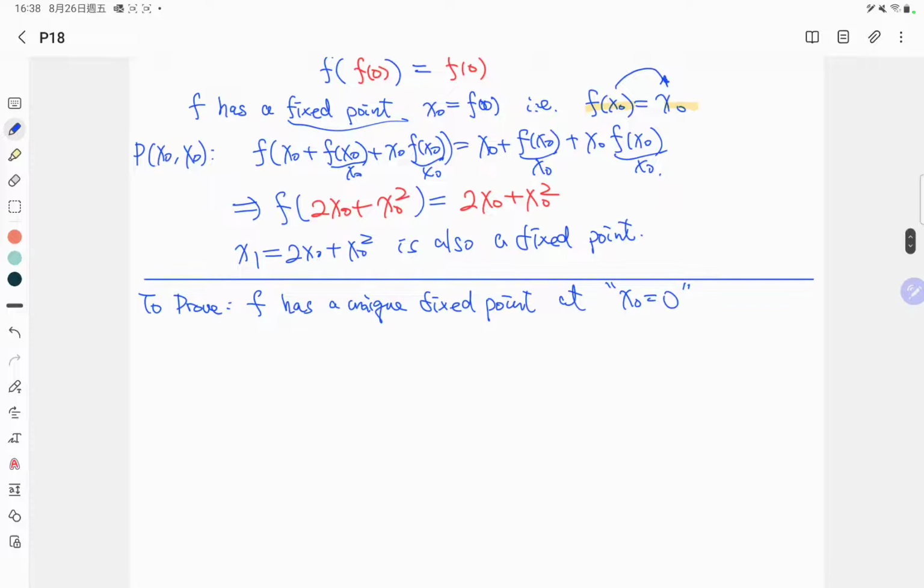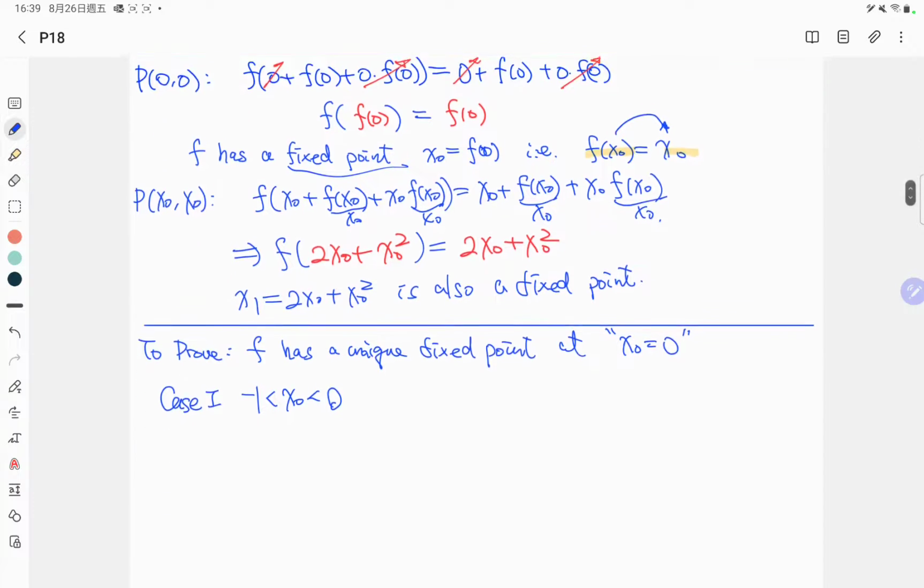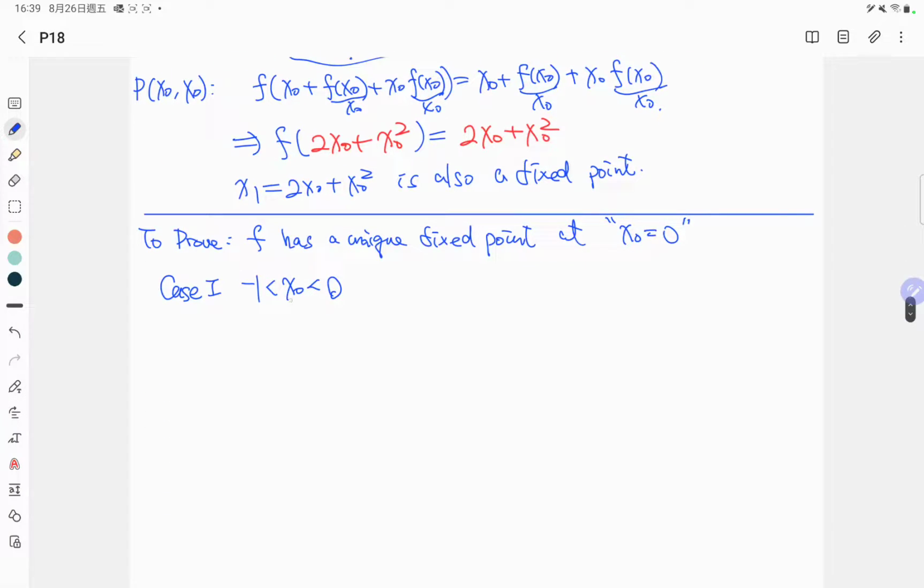Let's try to prove it by contradiction. Case number 1 is that x_0 is smaller than 0, and of course it is larger than -1, because set S is all real numbers strictly greater than -1. So in case 1, x_0 is negative, but larger than -1.